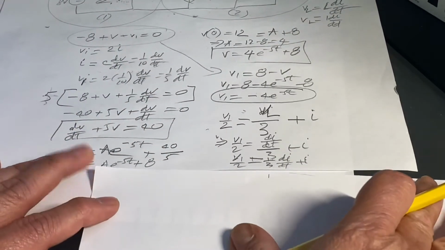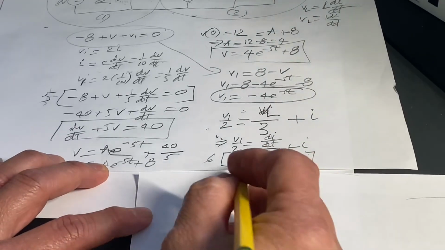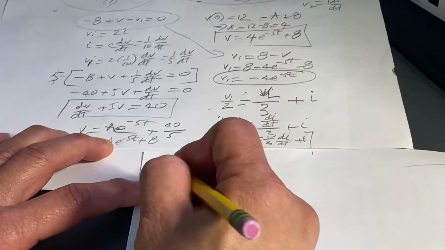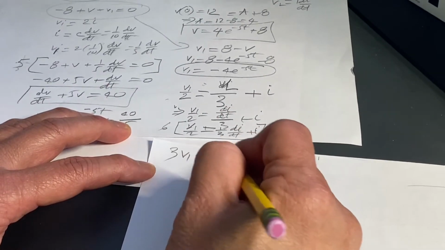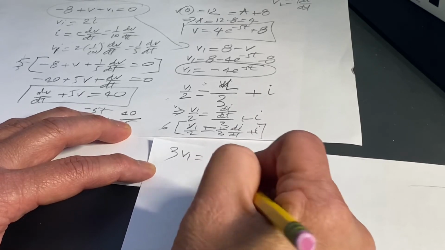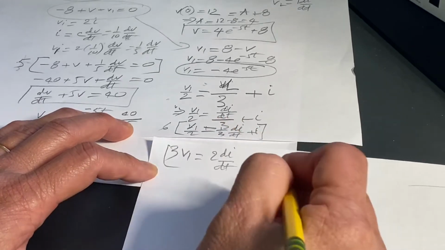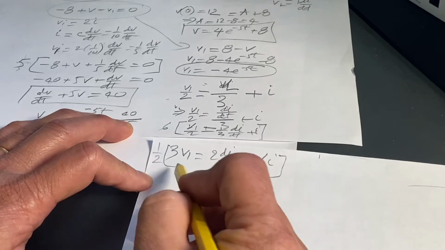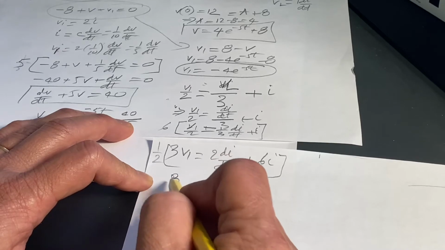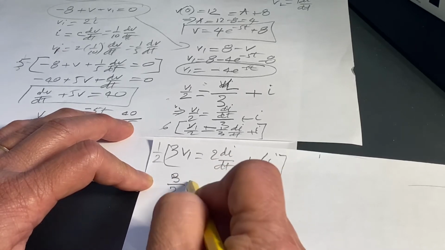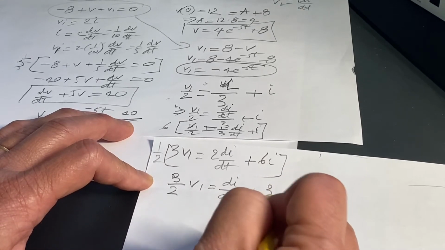I times both sides by 6, so I got 3V1 equal 2 di/dt plus 6I. Now I times both sides by 1/2. So I got 3/2 V1 equal di/dt plus 3I.